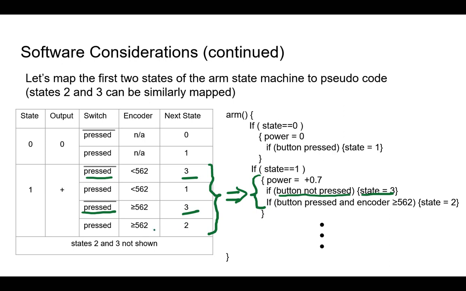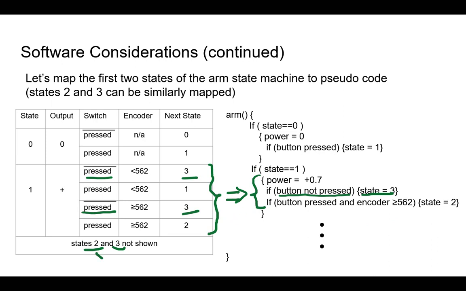Now, how do we complete the state machine for the ARM? Well, we'd have to do the same thing to states 3 and 2. But I invite you to do that right now: look at the state machine for states 2 and 3 in the ARM and see if you can write the code that would execute those. And I think you'll find that the code is virtually identical to what we did here.